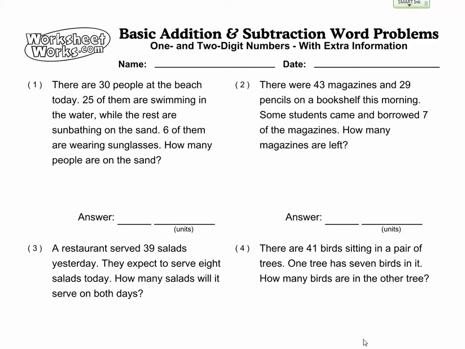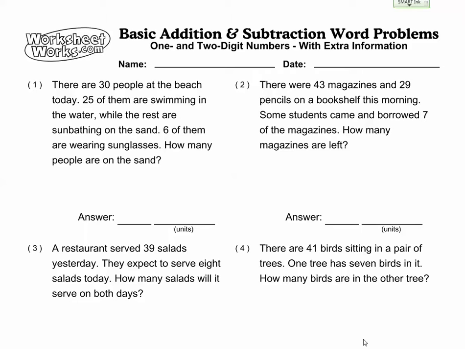U stands for underlining important words. These are the words that may indicate that we should be adding, subtracting, multiplying, dividing. They are also words that we should underline, including our units. So when you look at story problems and it says how many blank, that word should be underlined and should be included in your answer.